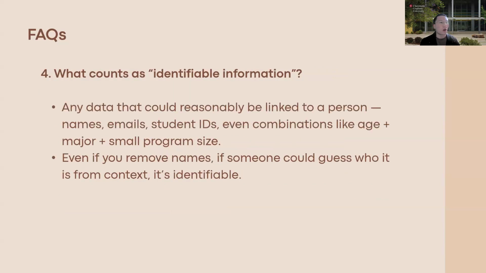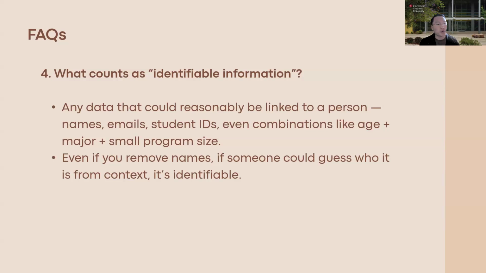The next question is, what counts as identifiable information? This often is a tricky question. Identifiable information is any data that could reasonably be linked to a person. Names, emails, student IDs, even combinations like age plus major plus small program size could be identifiable.